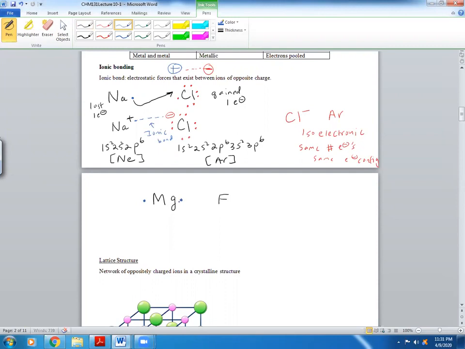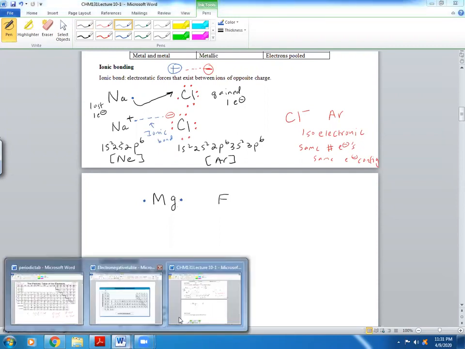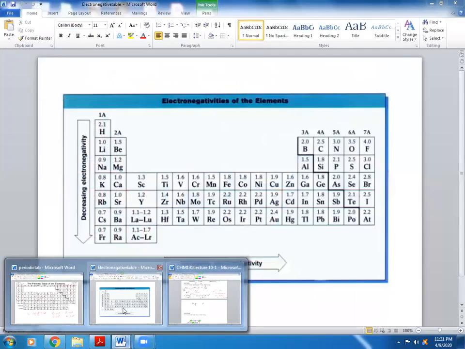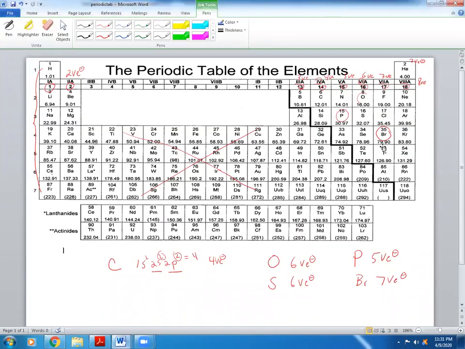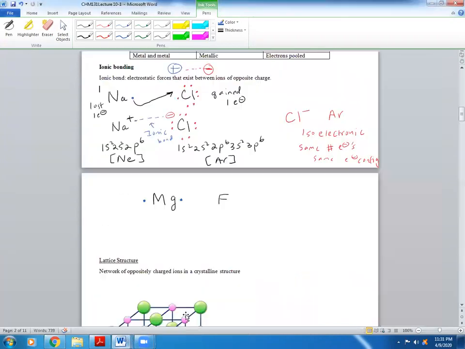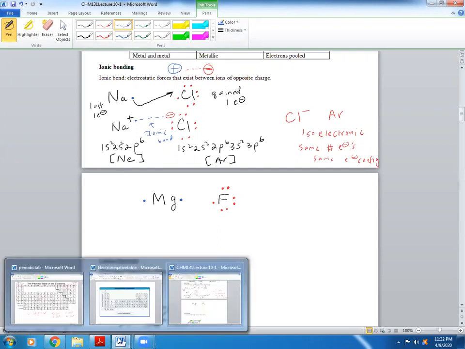Okay. Fluorine has 7. It's in the halogens group. Okay, you say, let's look at the periodic table.